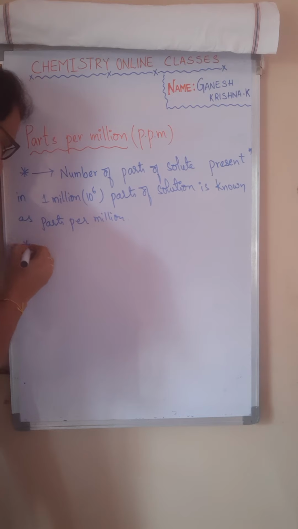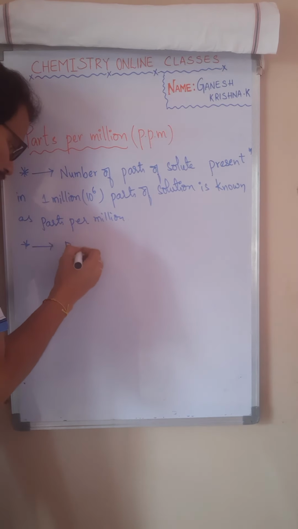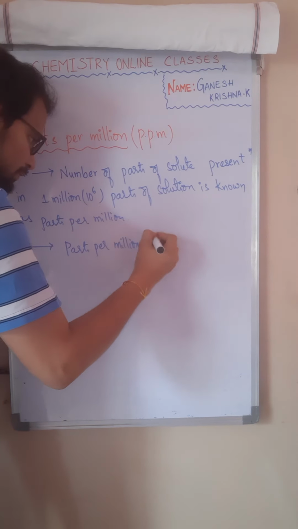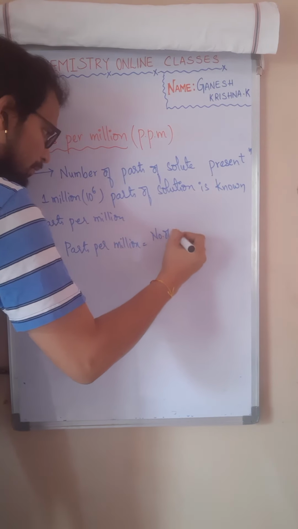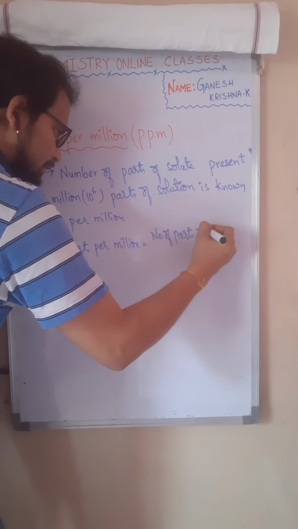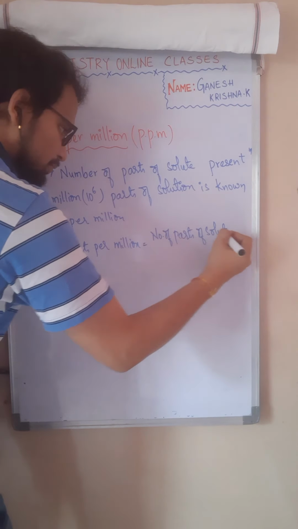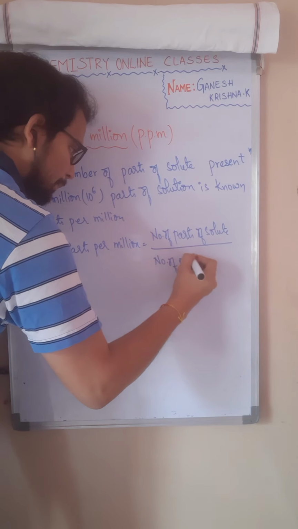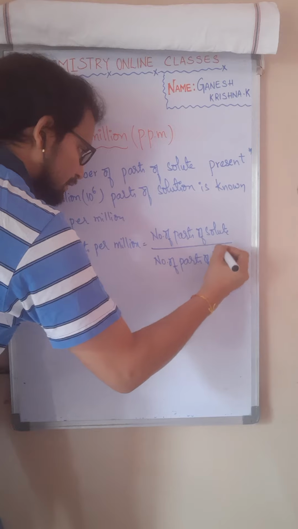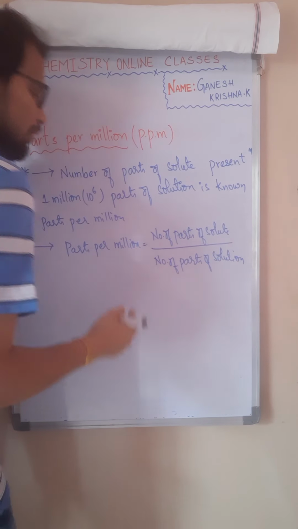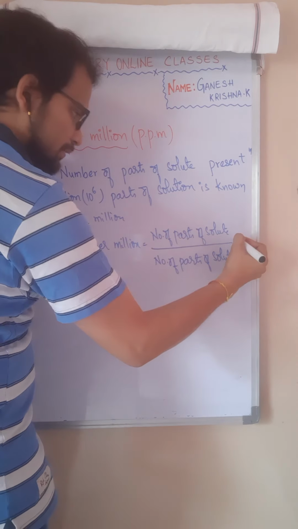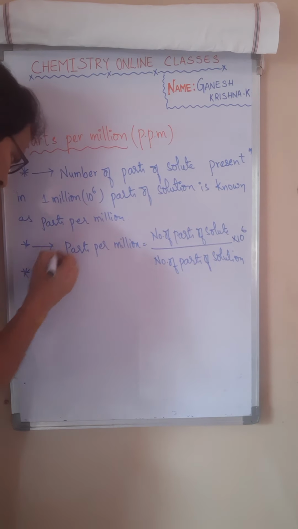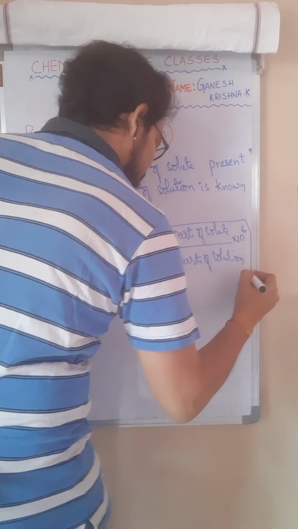Right? And what is the mathematical expression given to this? Parts per million is calculated as the number of parts of solute, nothing but we can take it as weight of the solute, by the number of parts of solution, nothing but weight of the solution, or volume of the solute by volume of the solution, into 10 power 6. Okay, so this is the mathematical expression to find out the parts per million.